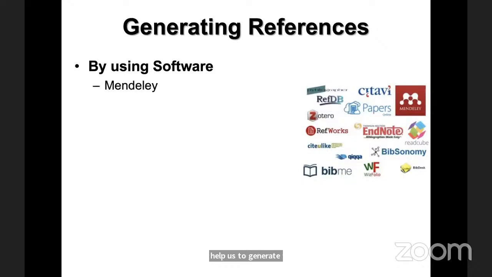Number one is Mendeley. Mendeley is wonderful software. It helps to generate the references, and at the same time text citations as well.